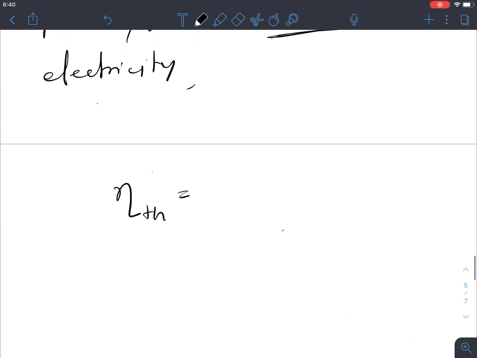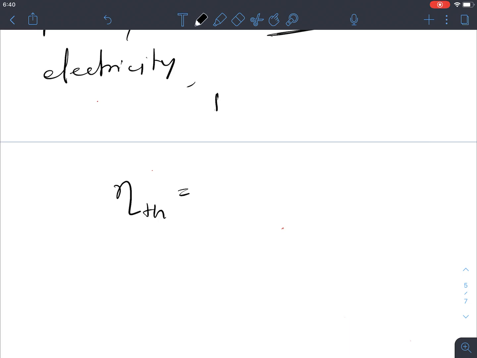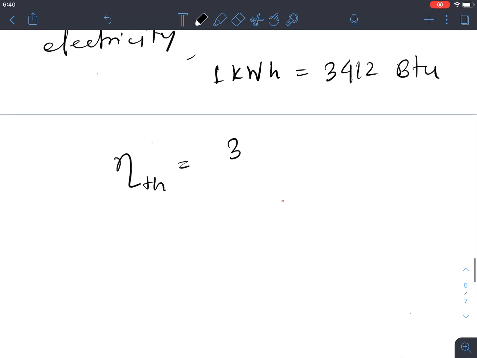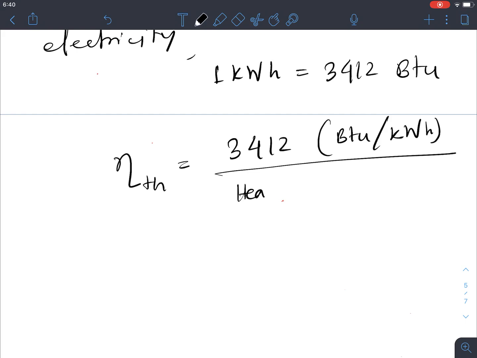So the efficiency equation in the United States is basically used like this. And one more important thing is that 1 kilowatt hour of electricity equals 3412 BTU of energy. So the efficiency will be 3412 BTU per kilowatt hour divided by the heat rate.